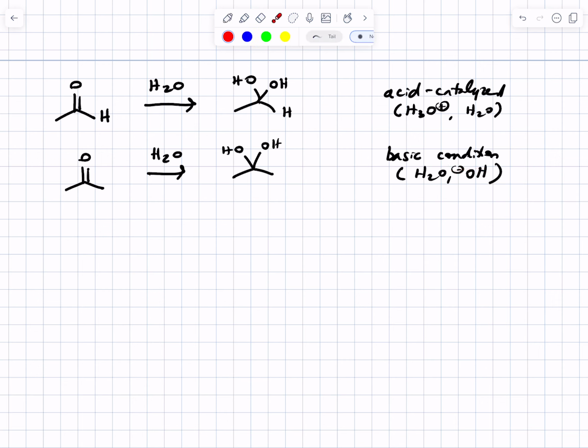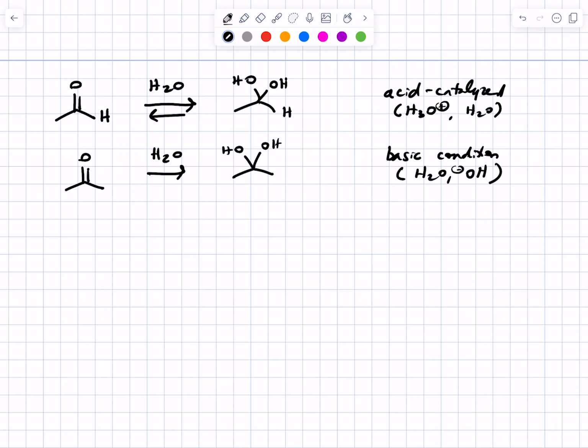Under basic conditions, OH minus attacks the carbonyl carbon to give you a tetrahedral intermediate, and then the negatively charged oxygen gets protonated by water. Under acid catalyzed conditions, you protonate first to get the oxonium ion, and then water attacks, and you get a final proton transfer to get the hydrate.